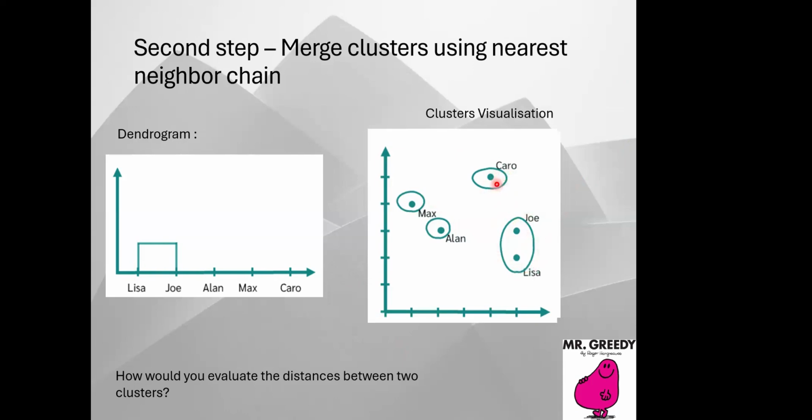Actually, there is another last method, which is called complete linkage. It's a bit not intuitive, but it sometimes gives really nice results. It is to choose the farthest point from the cluster, which means if I want to compute the distance between Cora and the Joe and Lisa cluster, I will actually take Lisa and compute it to Cora.